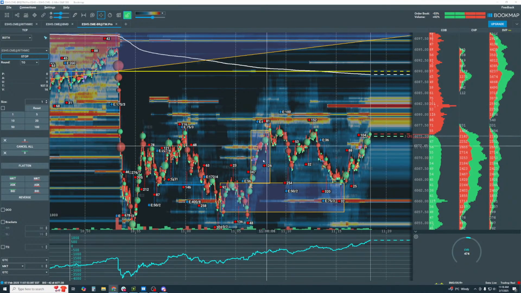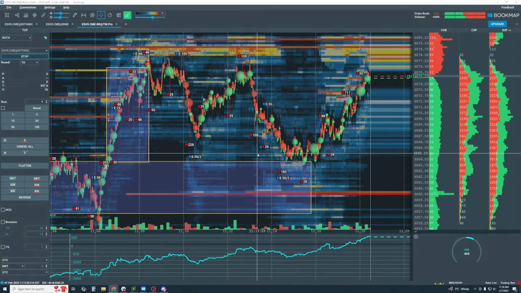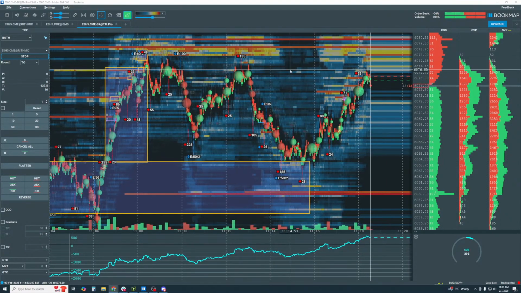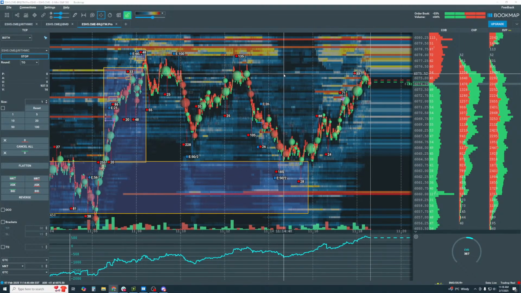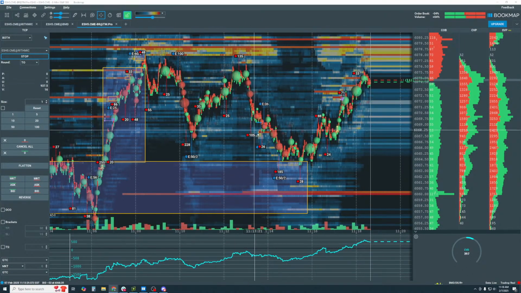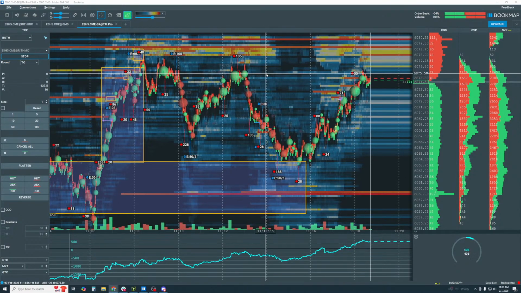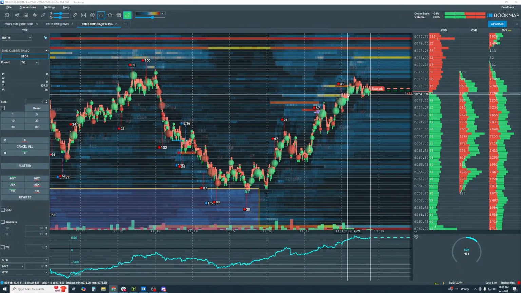Anyway, with this environment in mind, we're putting together a way to take some money out of the market via the order flow here in Bookmap. Again, guys, this is not a trading room.